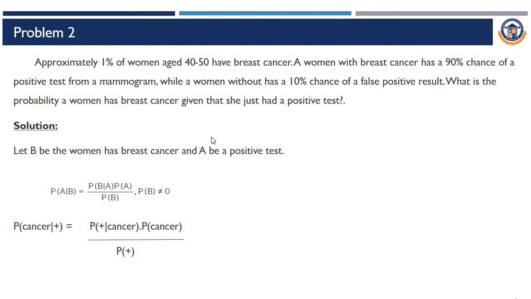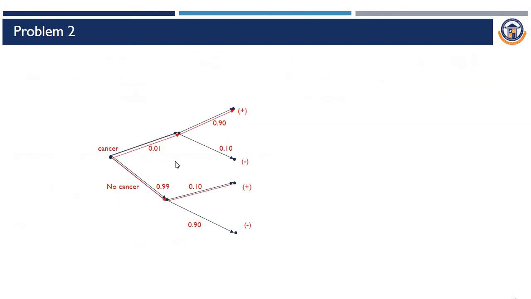Now first we can see the diagram. Cancer is 1%, that is 0.01, and no cancer is 99%, that is 0.99. In the cancer branch there are two possibilities: one is a positive result, and the other is a negative result.